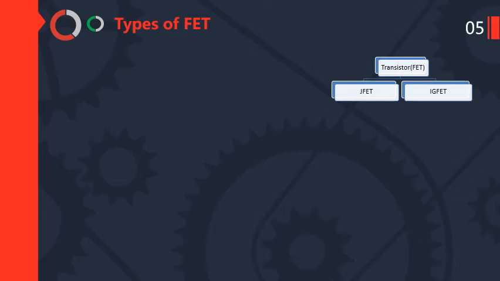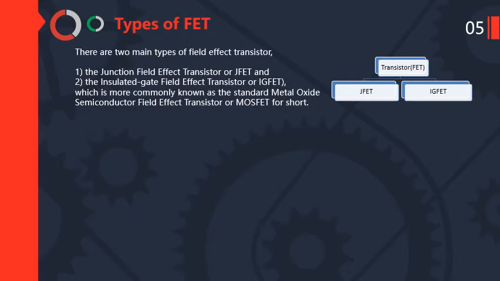JFET is also further classified into two categories, N-channel and P-channel. There are two main types of the field effect transistor, the junction field effect transistor, in short JFET, and the insulated gate field effect transistor IGFET, which is commonly known as the standard metal oxide semiconductor field effect transistor, or in short MOSFET.